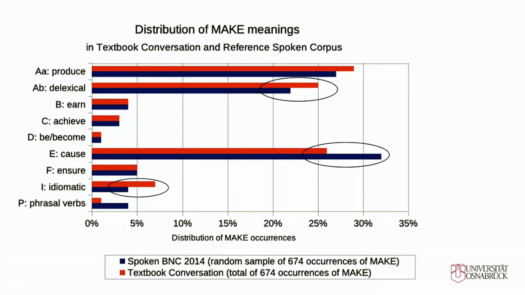And finally, we find that there are more idiomatic occurrences of make in textbook conversation than in the spoken BNC, but this is actually largely due to just one phrase. Finally, phrasal verbs with make are considerably less frequent in textbook conversation than they are in the spoken BNC.